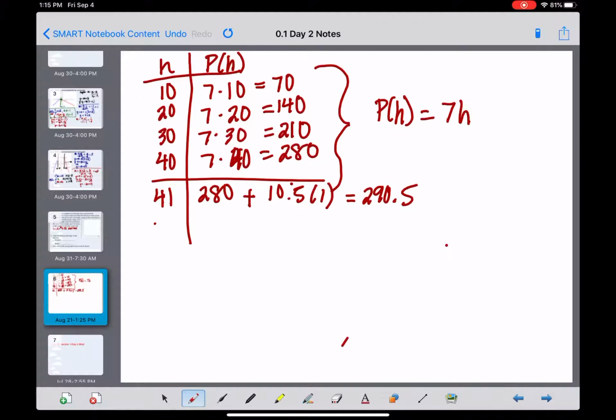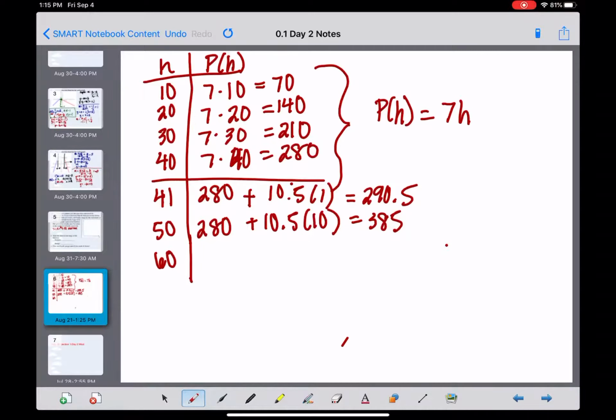Okay, so say I work 50 hours total in the week. That means I have 10 hours of overtime. So again, I get paid $280 for those first 40, but now I get $10.50 for 10 hours. And so that gives me 385. Okay, let's do one more. 60.